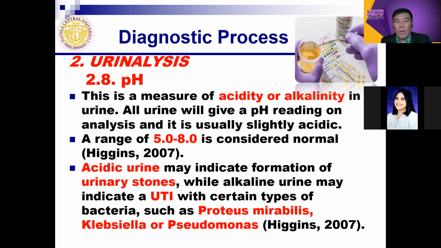Ang usually niro-rule out sa mga bacteria, be aware tayo sa mga ganitong bacteria. Pagka nag-culture and sensitivity niyan, pag may Proteus mirabilis, Klebsiella or Pseudomonas, ito yung mga common types na identified pag alkaline ang urine. Pero since this will not be detected by the simple urine analysis, it could be identified by the culture and sensitivity test.